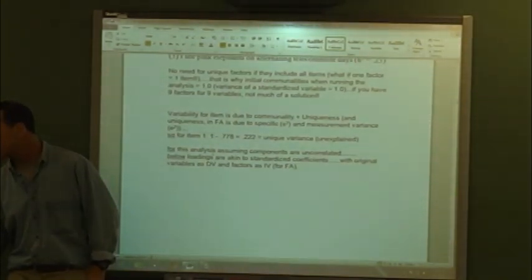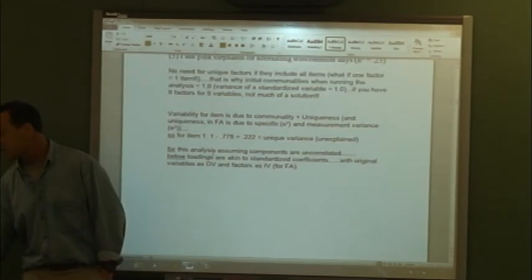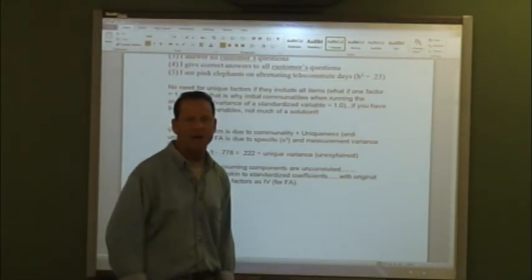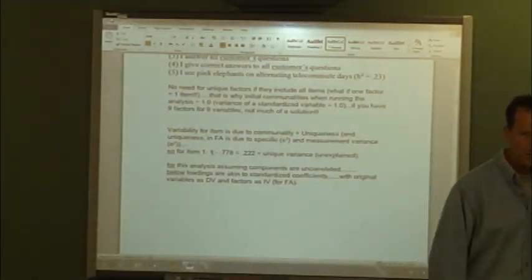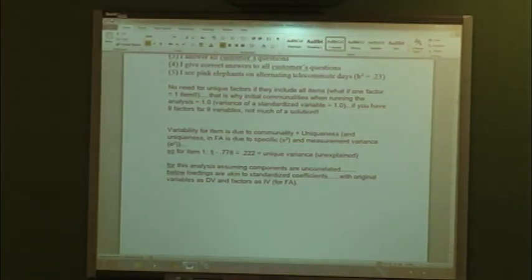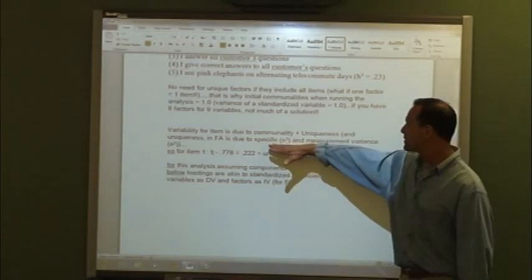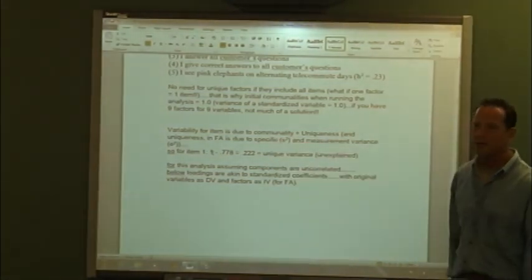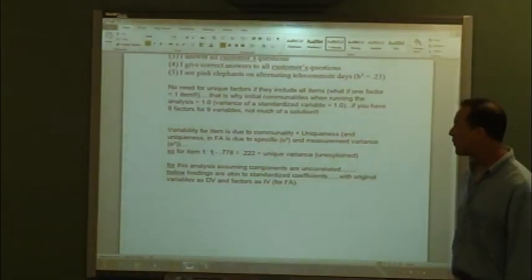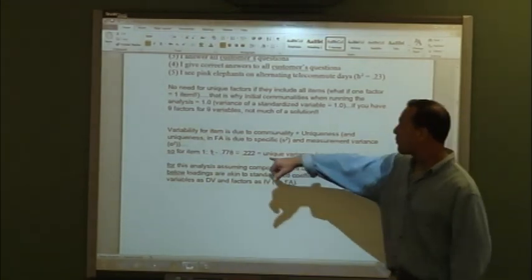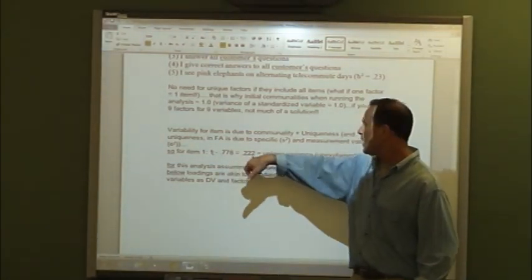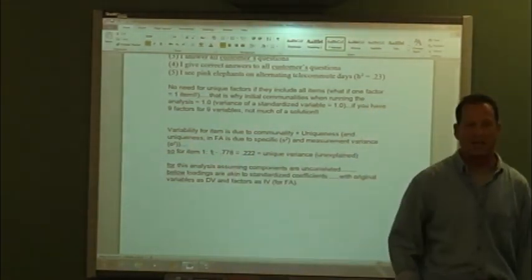So variability for an item is a function of communality plus uniqueness. And uniqueness can be even further divided into what's called specific variance and measurement error. So for item number 1, 1 minus 0.778 means 22% is unexplained, unique.